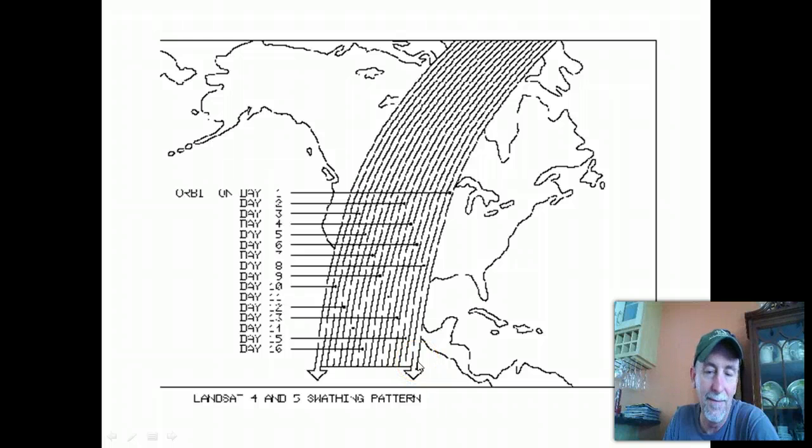This is in the daylight mode, or the daylight section of the orbit. On day 1, this is a 16-day pattern here. On day 1, you have this track, and you don't return back to the adjacent track until 8 days later. And so this is pretty much how it works.